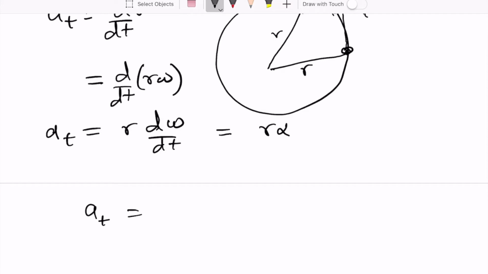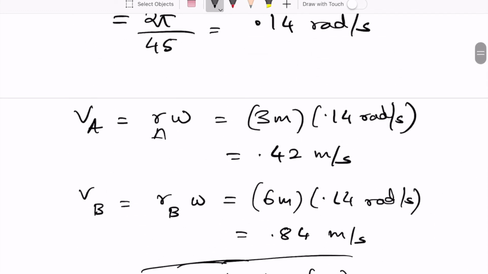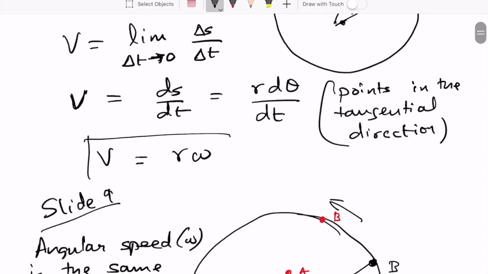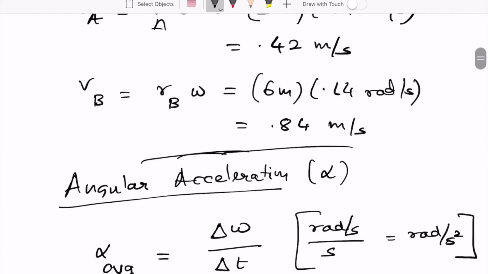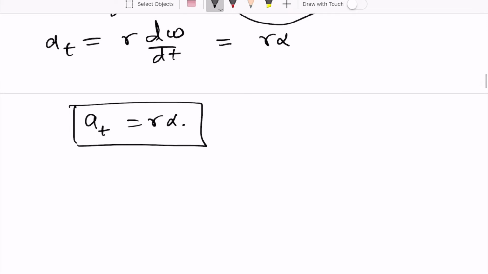This is a very important formula. So this formula and v equals r omega are both very, very important. This is the relationship between the tangential acceleration and the angular acceleration alpha, right?